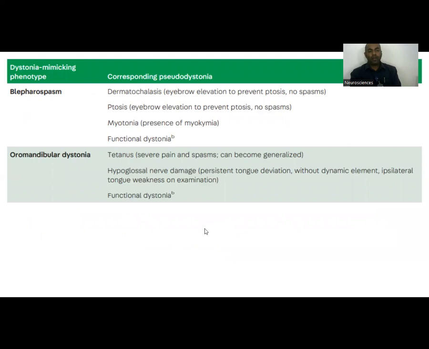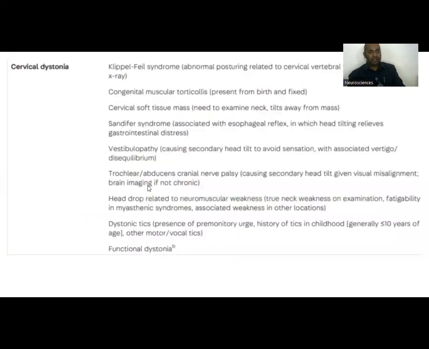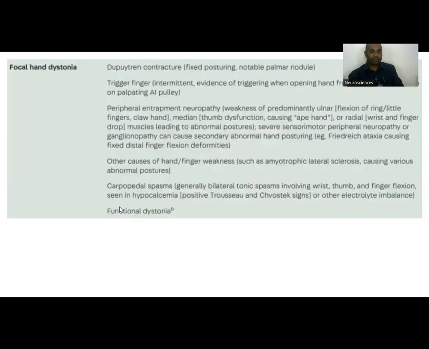Right. So there are various dystonia mimics that we have to know. Blepharospasm, so you can have various conditions: ptosis, myotonia, functional dystonia, oromandibular dystonia, tetanus, hypoglossal nerve damage, cervical dystonia, various differentials are there. Congenital torticollis, cervical soft tissue, vestibulopathies, cranial nerve palsies, muscle weakness.